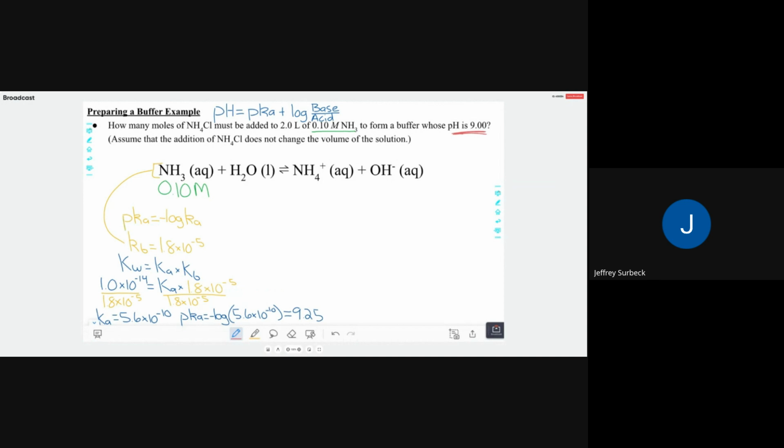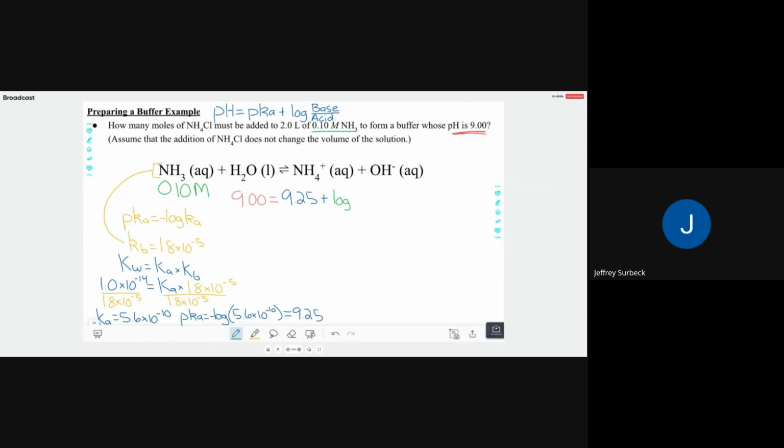So right away we can say, okay, 9.00 is equal to our pKa, which we took all that time just now to find, which is 9.25, plus the log of our base on top.